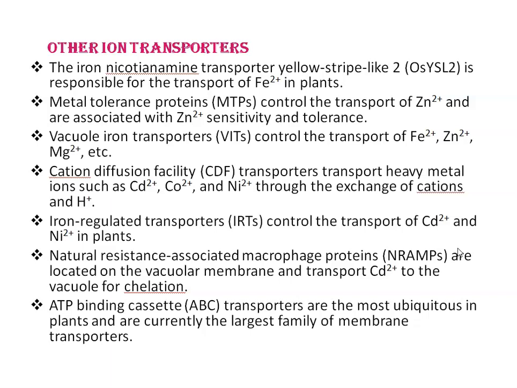Natural resistance associated macrophage proteins, NRAMPs, are located on the vacuolar membrane and transport cadmium to the vacuole for chelation. ATP binding cassette, ABC, transporters are the most ubiquitous in plants and are currently the largest family of membrane transporters.